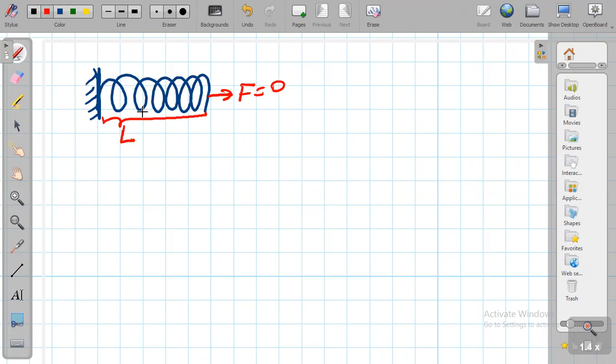If you want to write it: the force required to extend or compress a spring by a unit length. Now I am going to tell you what this unit length is all about. That's really important.